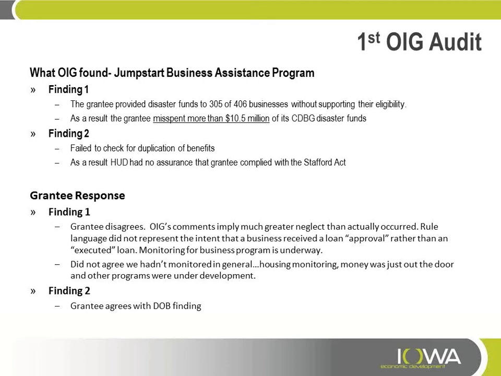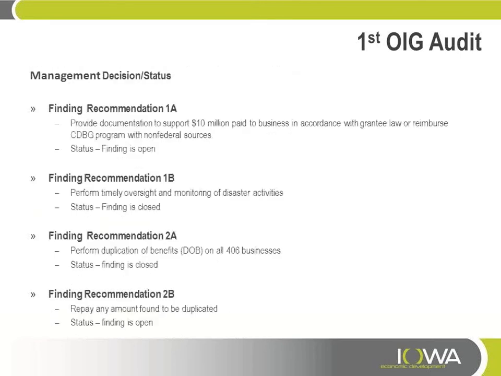Again, we did resolve this by doing a rule change, and we also had to change our action plan. But I think the lesson there is that we really need to look at what we're saying in our rules and know what we mean, because it didn't say what we meant to say.